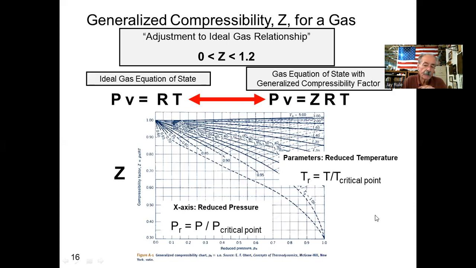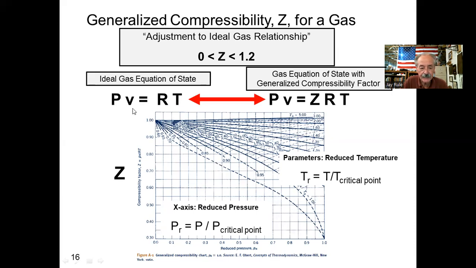We had a number of problems using the compressibility factor. Notice how similar the ideal gas equation of state is compared to the equation for gases that don't behave exactly like ideal gases.